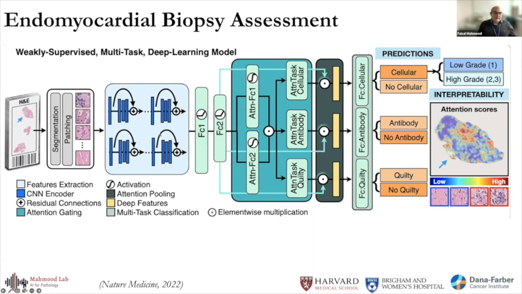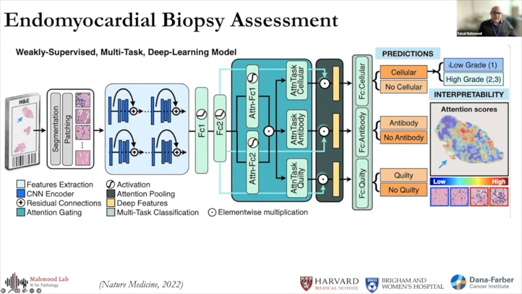These features are then used to learn the attention, and that's where it was split into 3 different tasks, because these 3 morphologies of whether a case has cellular rejection, antibody-mediated rejection, or quilty lesions, which are benign mimickers of rejection, could exist simultaneously on the H&E image. So we wanted to make those predictions simultaneously given one single slide.